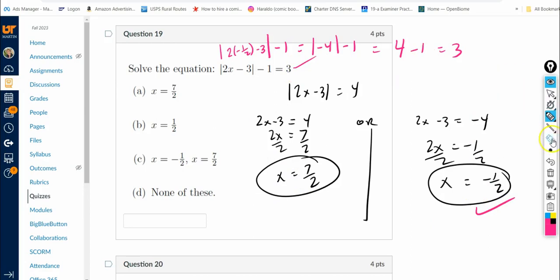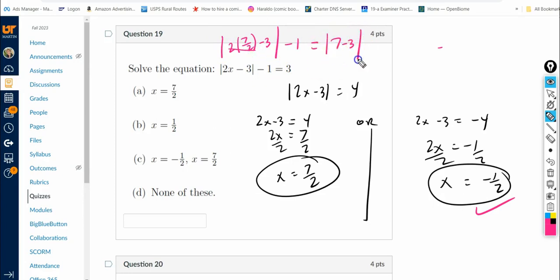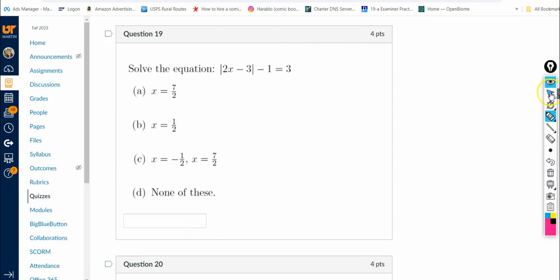And if I have 7/2, I'll check it with that in there. 2 times 7/2 minus 3 minus 1 is equal to, well, the 2's will cancel. We'll have that, which is absolute value of 4 minus 1, which is 3. So they both work. -1/2 and 7/2. So C. The answer is C.